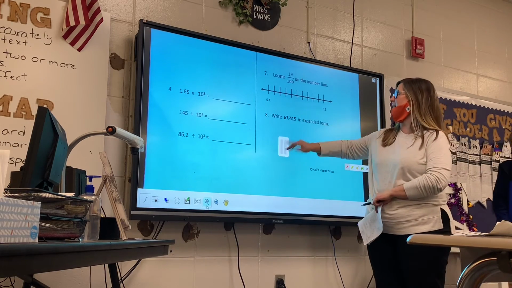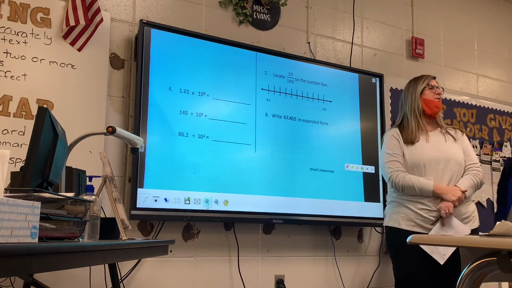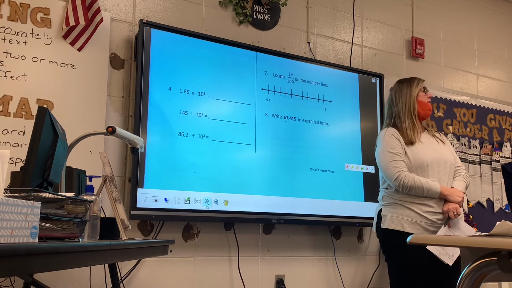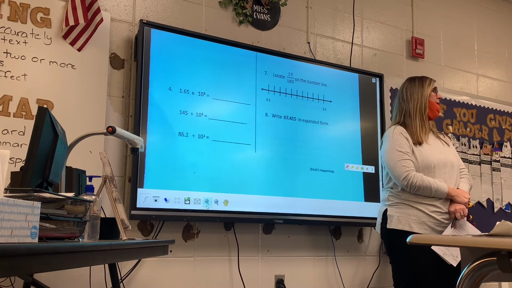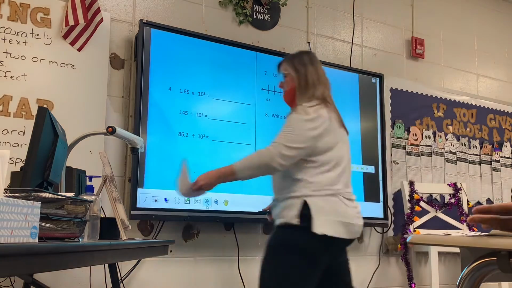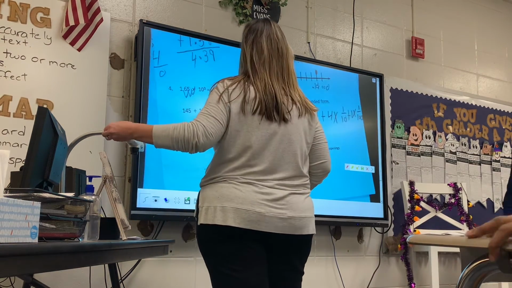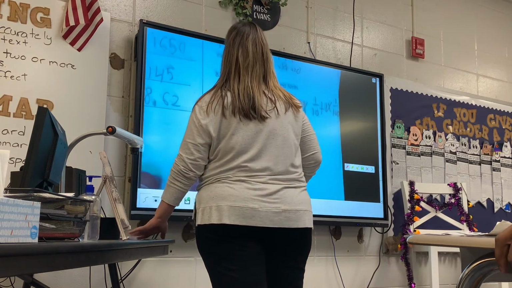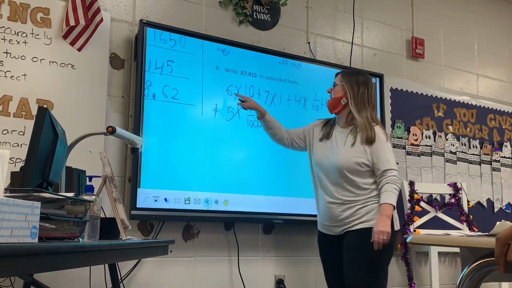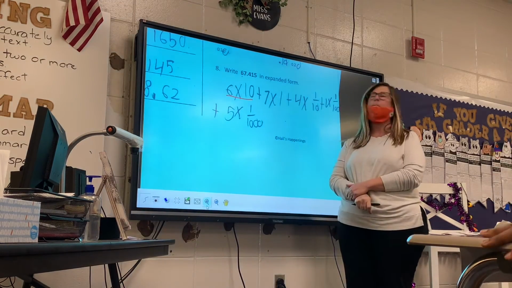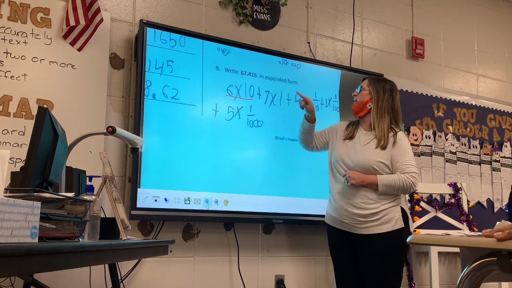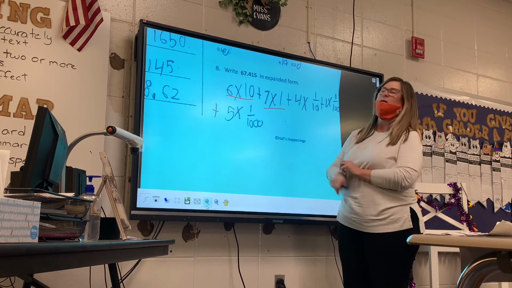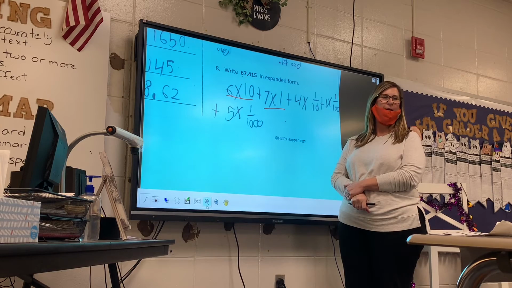What is this digit? 6. What place is it in? So I'm going to write 6 times what? Yep. So let's look at what Wade did. Wade said, this 6 is in the tens place, so it's 6 times 10. This 7 is in the ones place, so it's 7 times 1.